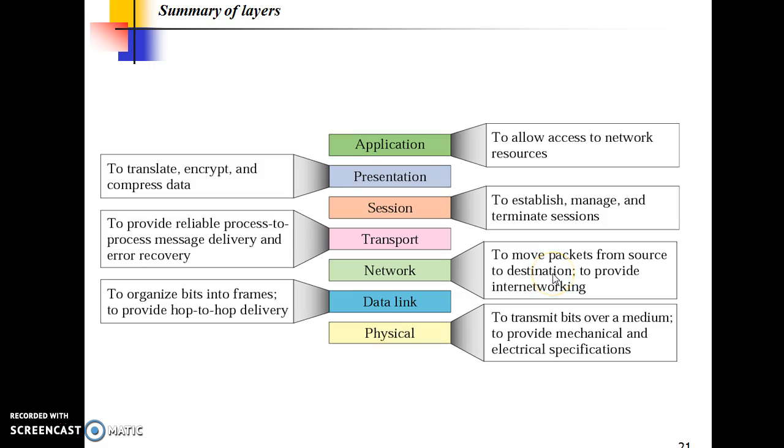The network layer is responsible for moving packets from source to destination and providing inter-networking. The main function of the data link layer is to organize the bits into frames to provide hop-to-hop delivery. And last, the physical layer is responsible for transmitting bits over a medium and providing mechanical and electrical specifications.